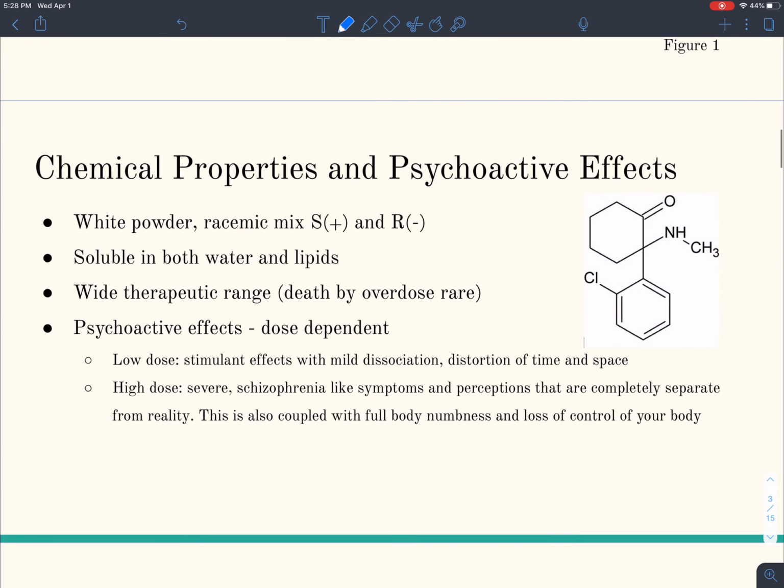So, chemical properties and psychoactive effects. Ketamine is a white powder, but it is clear in solution. And in terms of solubility, it is soluble in both water and lipids, and that's because of these nonpolar regions as well as polar regions.